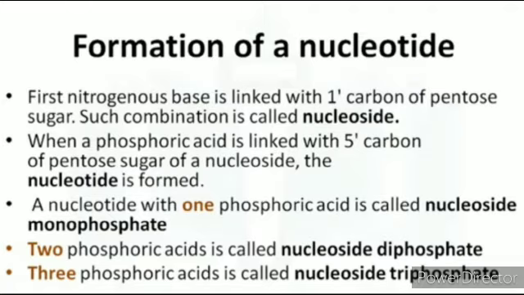A nucleotide with one phosphoric acid is called nucleoside monophosphate, two phosphoric acids is called nucleoside diphosphate, and three phosphoric acids is called nucleoside triphosphate.